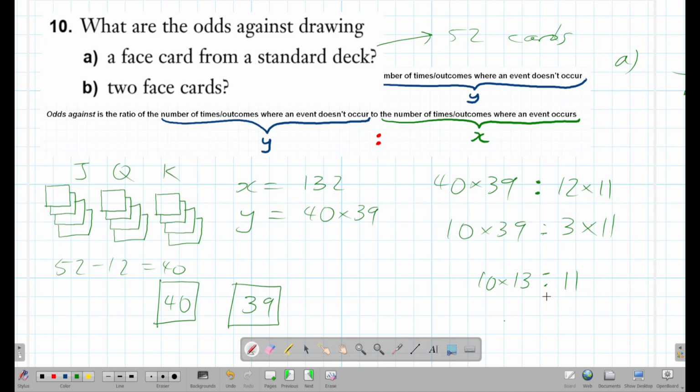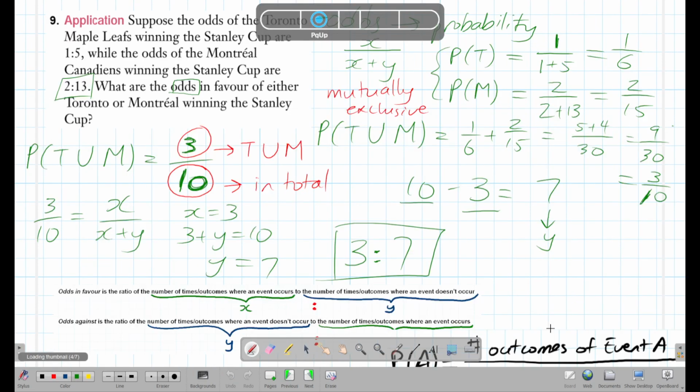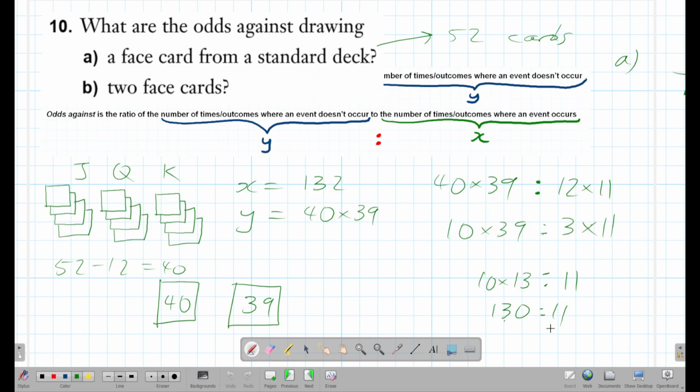Why does it say 210? Doesn't make any sense. Okay. Might be a case where the answer in the book is wrong. Let me see if I did this correctly. Drawing against drawing two face cards, 40 cards, 39 cards.